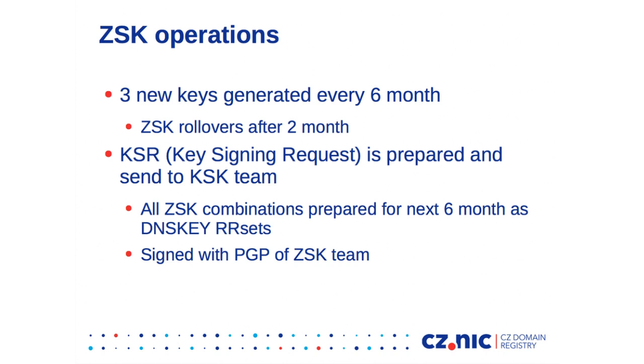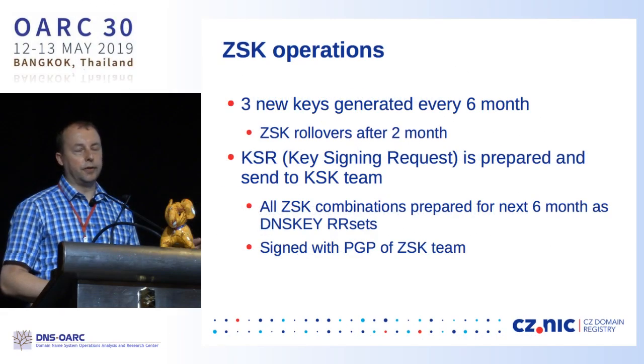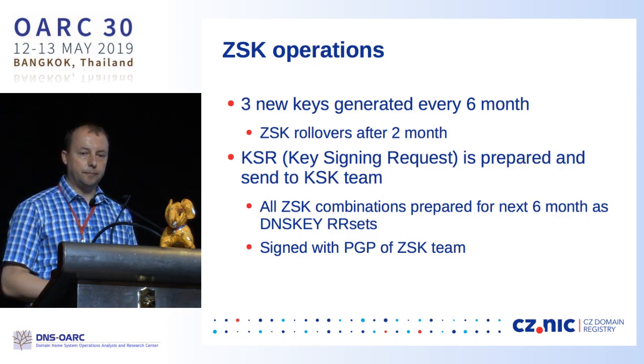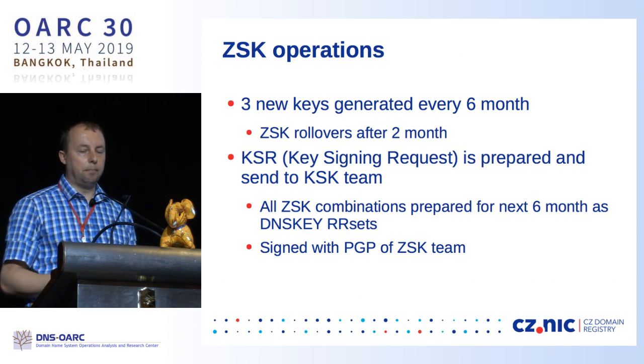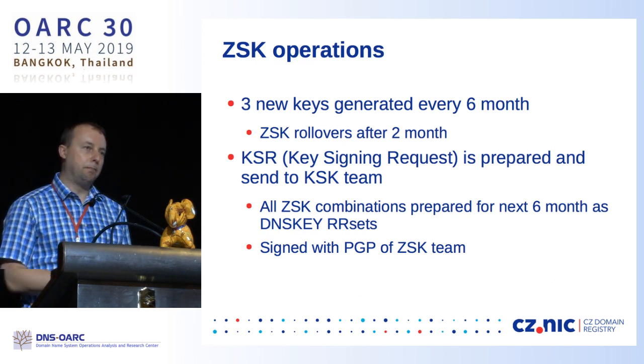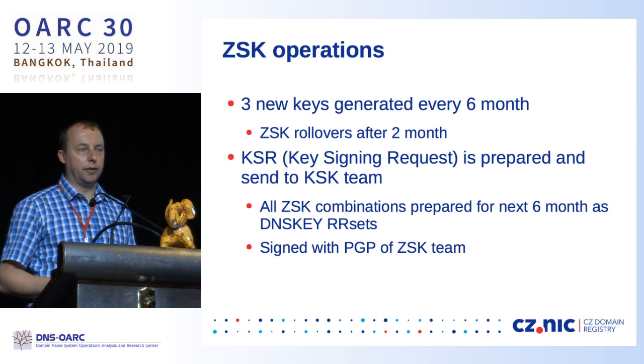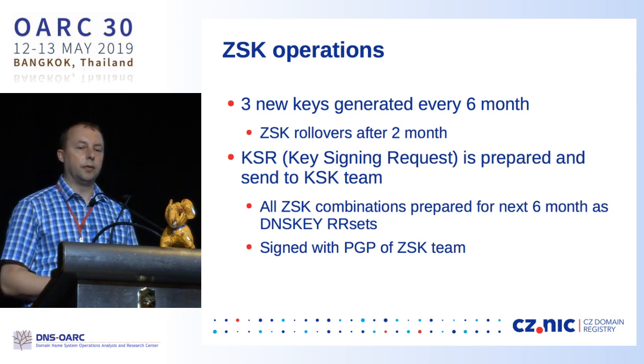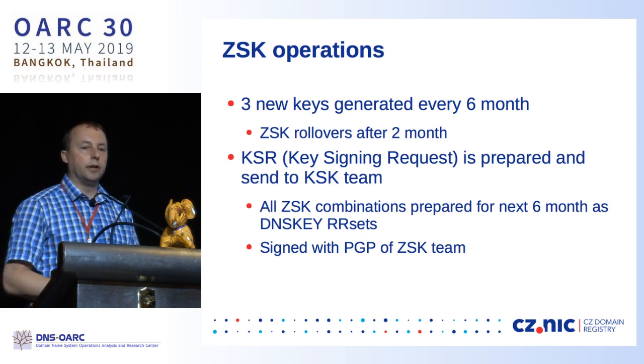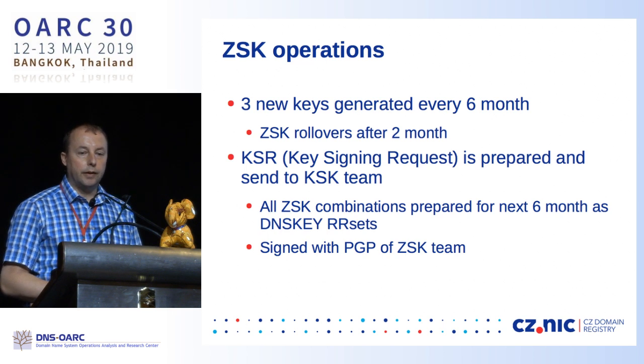In this key signing request, there are all combinations of ZSKs that will appear in the zone file for the next 6 months. Then this package is signed by the PGP key of the ZSK team, just to give it some sort of authorization, and sent to the KSK team.